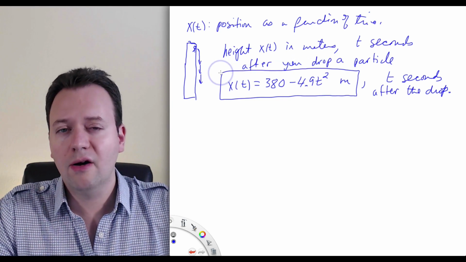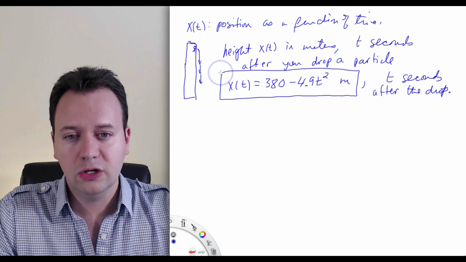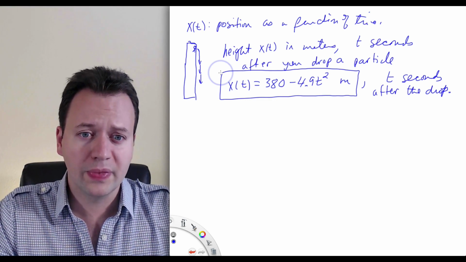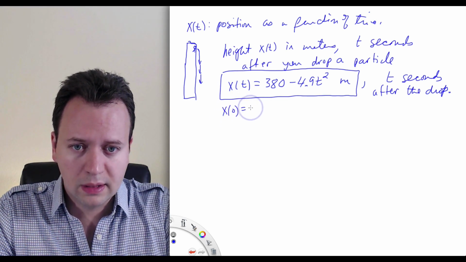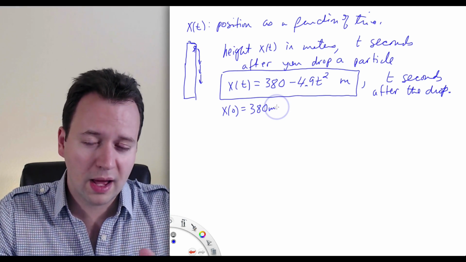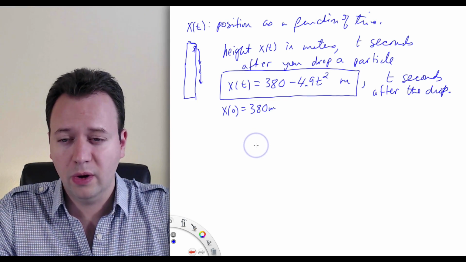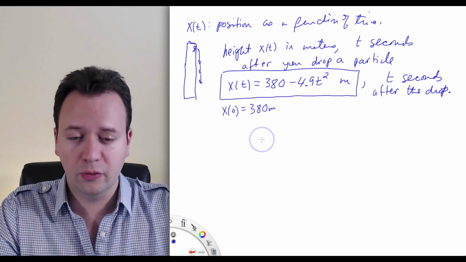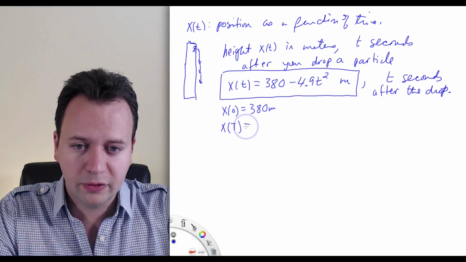Now, to find out how long it takes for the object to fall and reach the ground, you can just set x of t equal to 0. Few things to note of this. x of 0 is equal to 380 meters. So this would be the height at which the object is dropped. It's the initial height at time 0. To solve for the point in which the penny or the pebble reaches the ground, we can set x of capital T equal to 0.